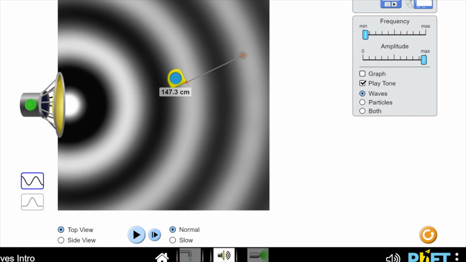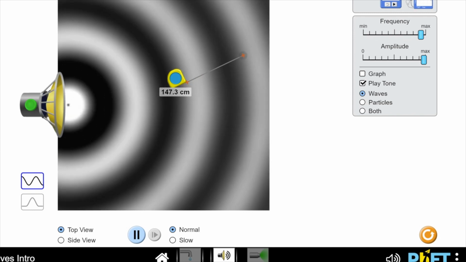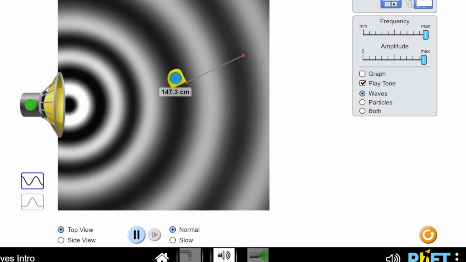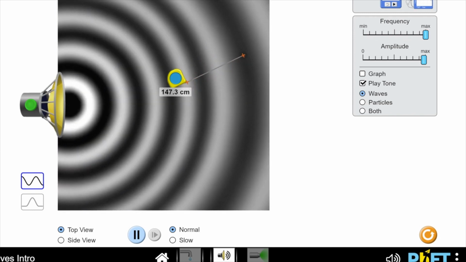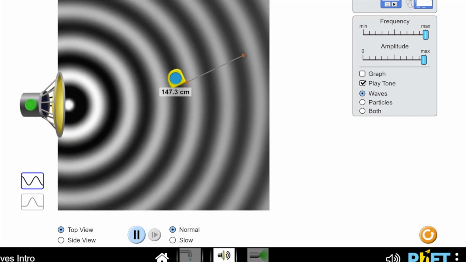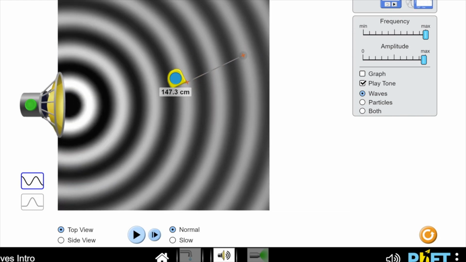If I take the frequency up, you can see the wavelength goes down to about 78. So high pitch means high frequency.